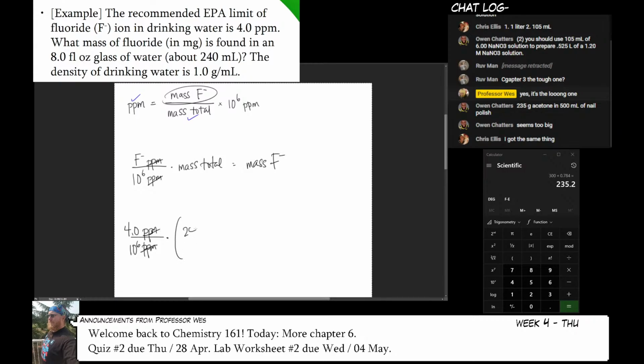We have 240 milliliters times 1.0 grams per milliliter. It's going to be our mass in grams of fluoride. So that would be 4 divided by 1 times 10 to the 6 times 240 times 1. So we get 9.6 times 10 to the minus 3.